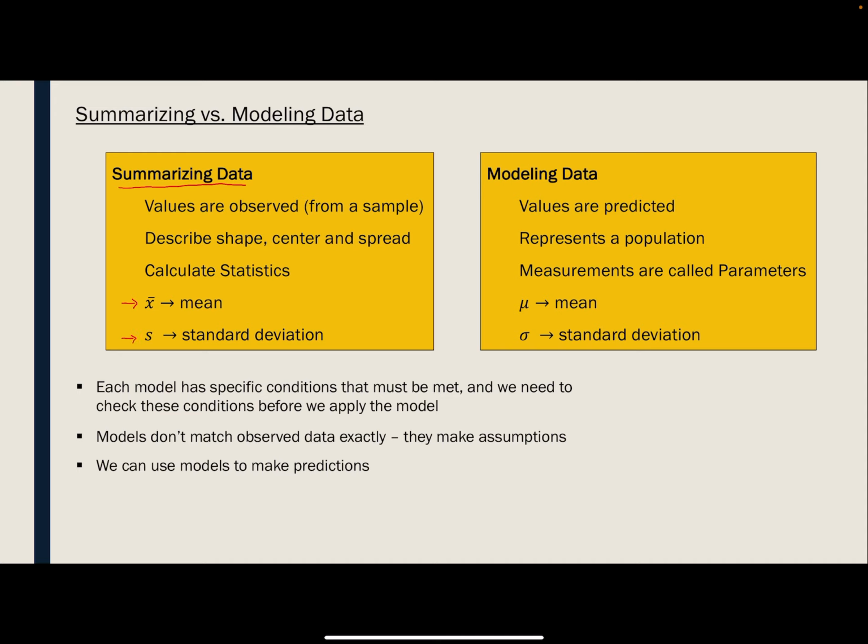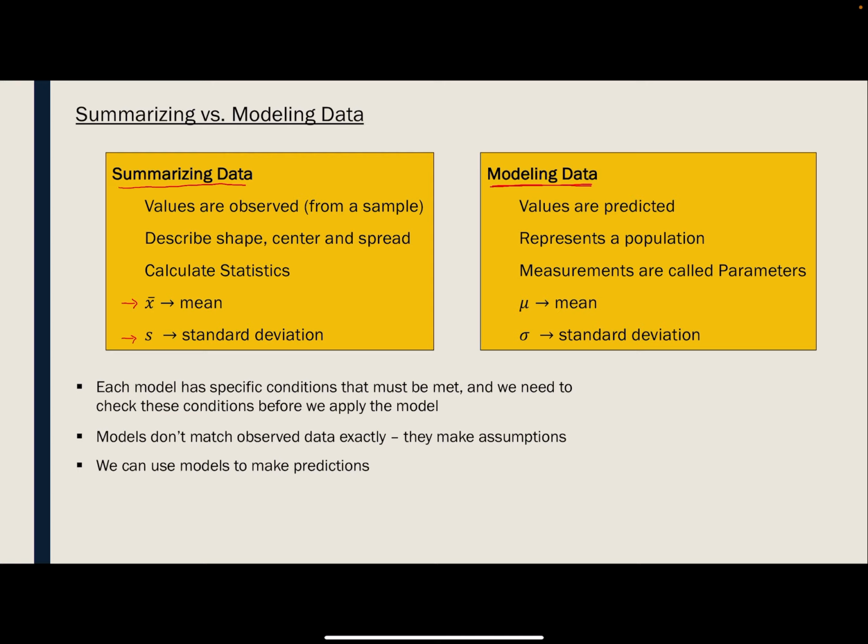But now we are talking about a model. And a model is an ideal, right? Models allow us to predict what we're going to see in the world. So these are predicted values, not observed values. And these models represent a population.